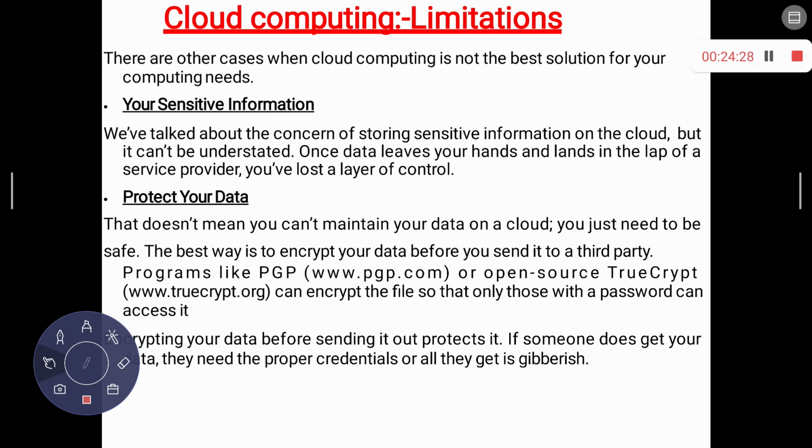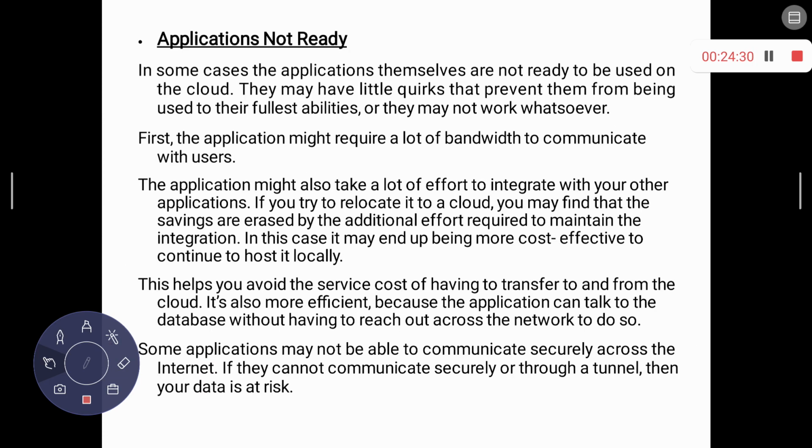It is all about security. Applications not ready: even though the application is not ready, whatever work you perform and store in the cloud is stored, so any time your data is there and you can work on it. Continuation method. That is nothing but your application not ready concept.